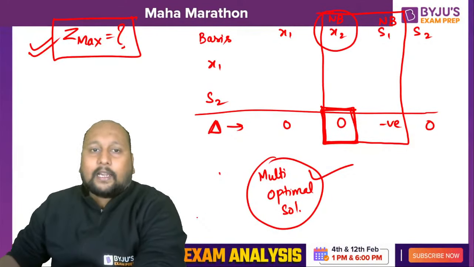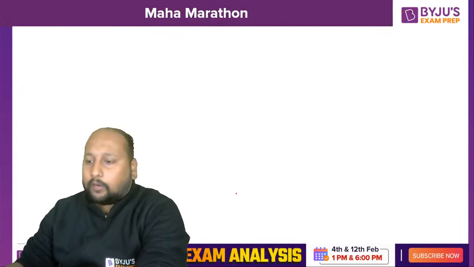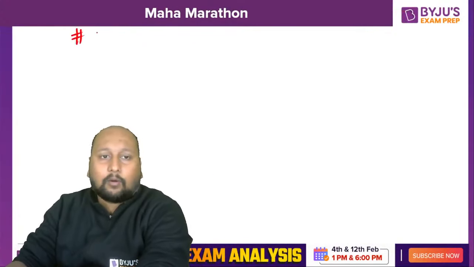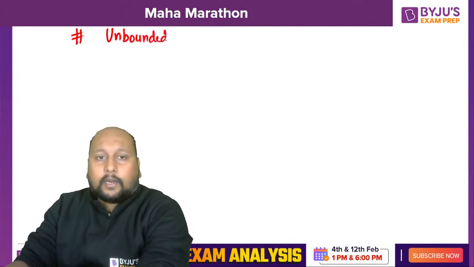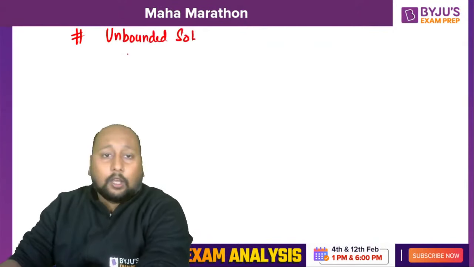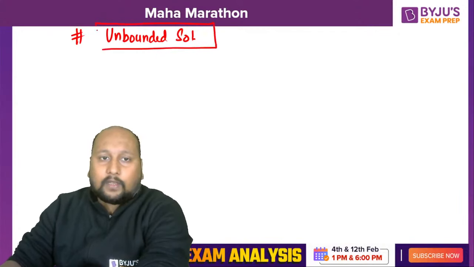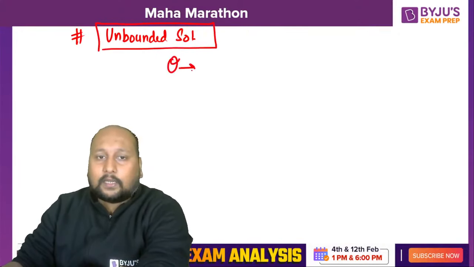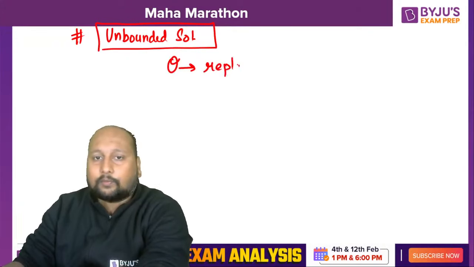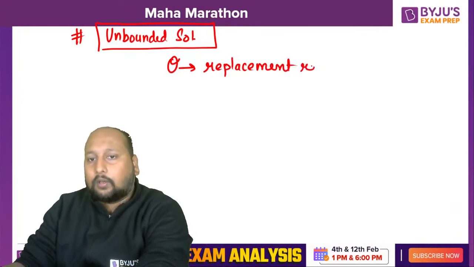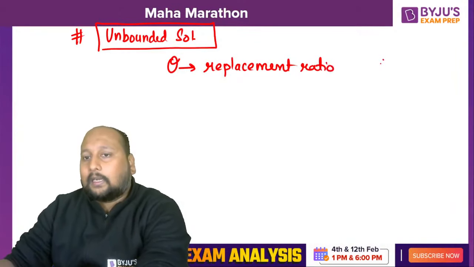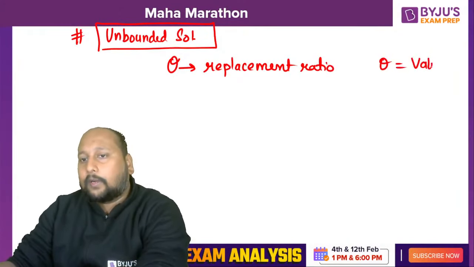Now, how can we identify an unbounded solution? For an unbounded solution, we always check the value of theta. What is theta? Theta we call the replacement ratio. How can we calculate theta? Theta is equal to the value divided by the corresponding key column, right?